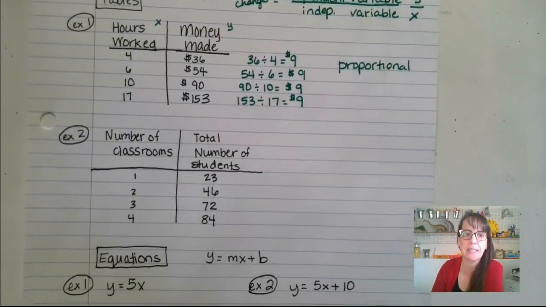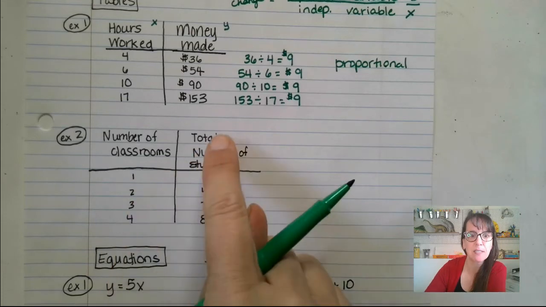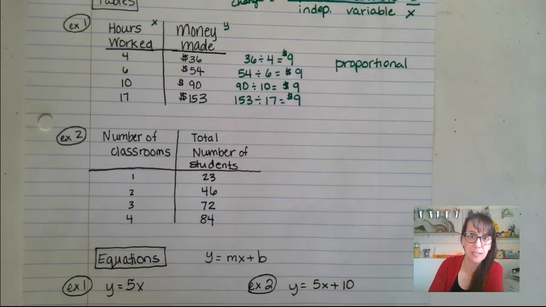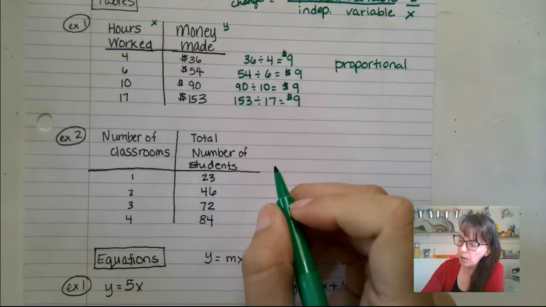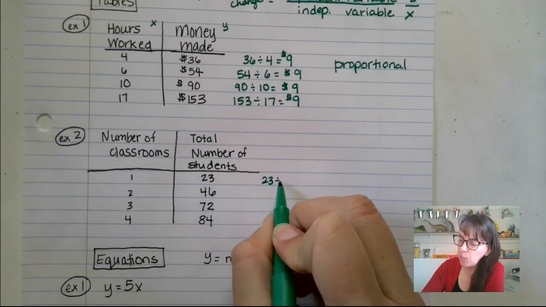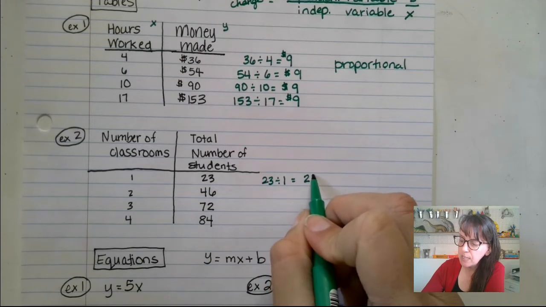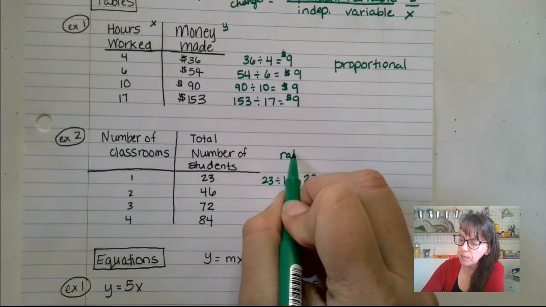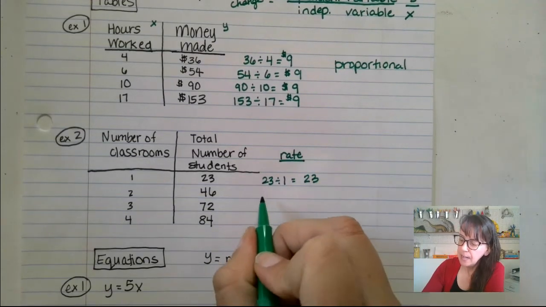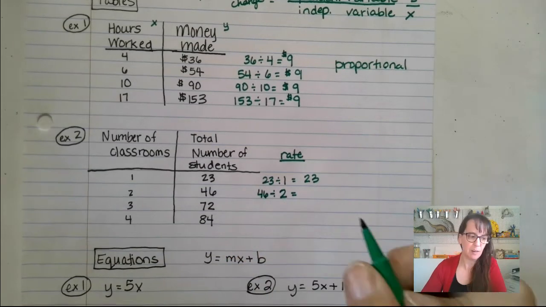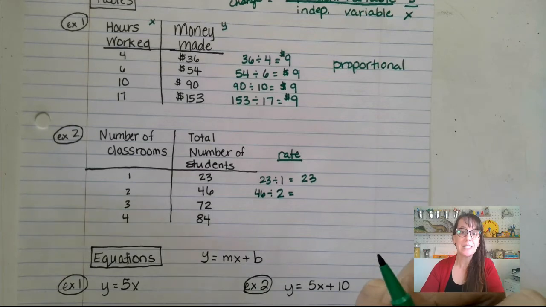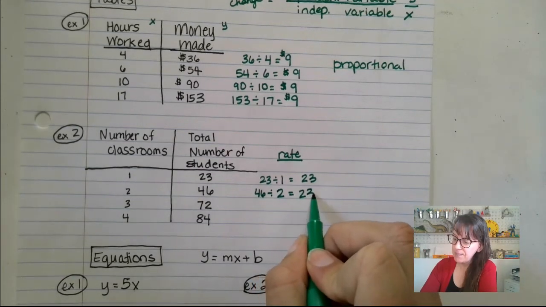Now let's look at the second example. The number of classrooms and the total number of students in the school. In one classroom, we have 23 students. So for our rate, we're going to do 23 divided by 1. It's going to give us 23 students. It might help if I put, this is our rate here. Now we do 46 divided by 2. That's going to give us 23 students.